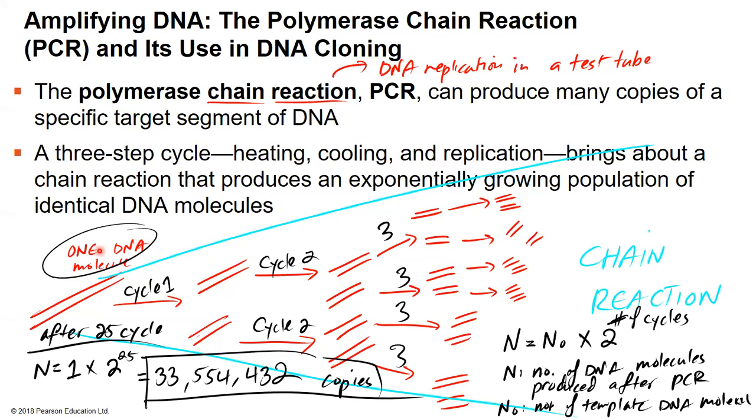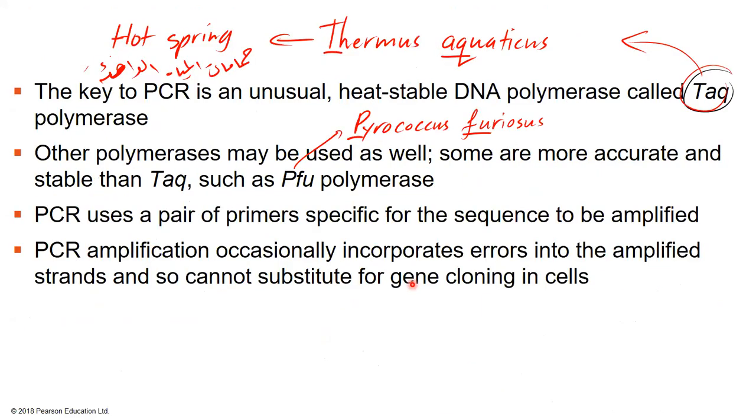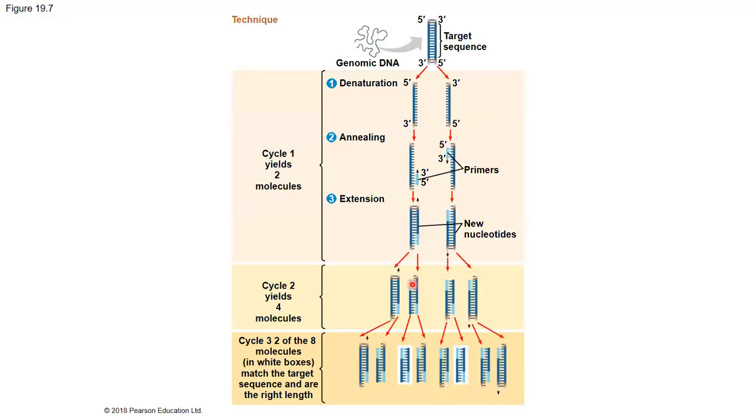Notice if you start with one DNA template, after 25 cycles inside the PCR you will have almost 33 and a half million copies produced. Okay? Inshallah, we will continue discussing what happens inside the PCR reaction at the molecular level tomorrow.